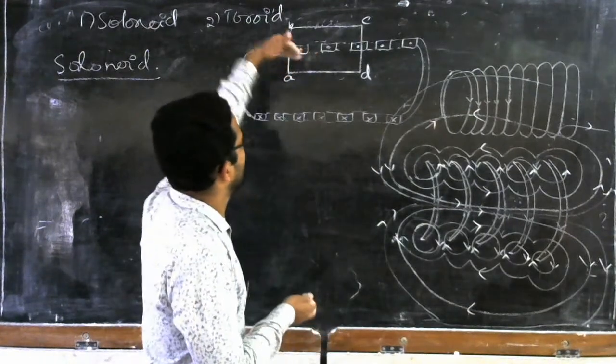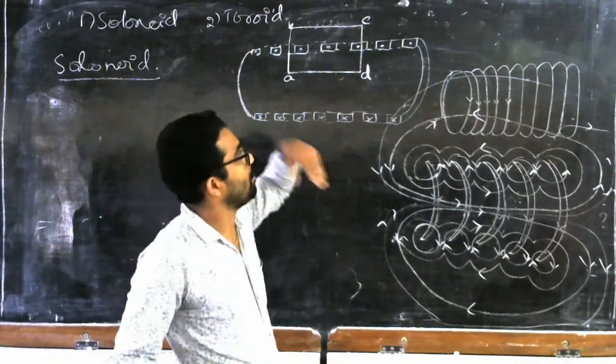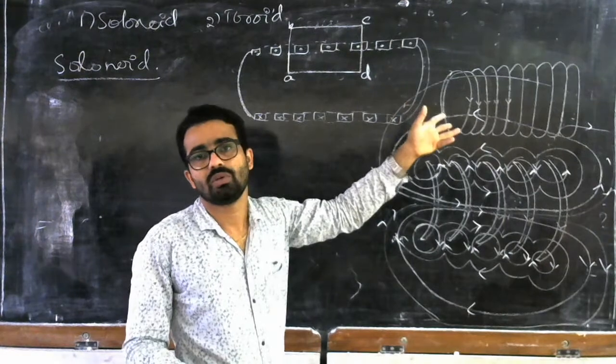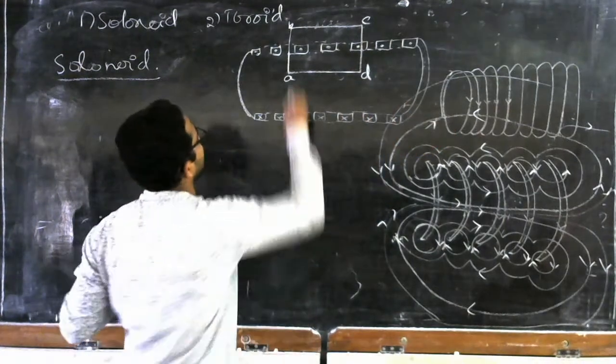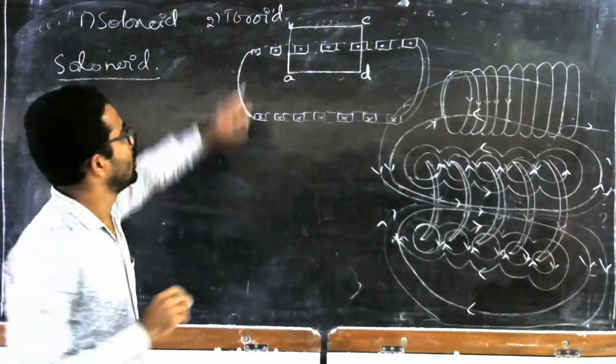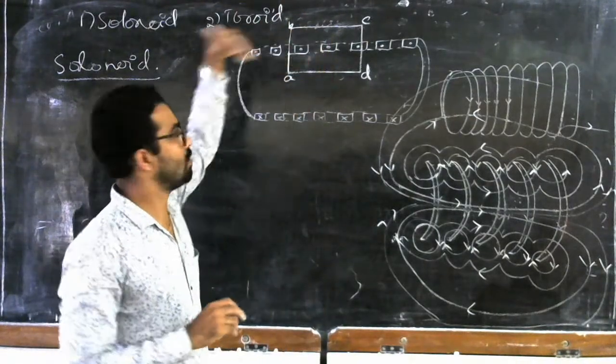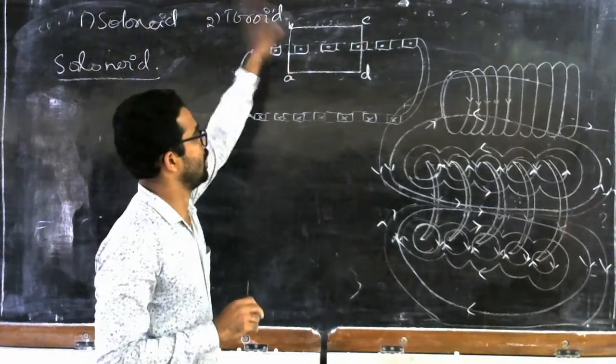So in some situations, we imagine that the magnetic field outside the conductor approaches zero. So here BC is outside the conductor, along which the magnetic field is zero.